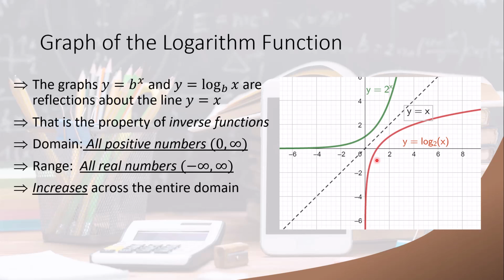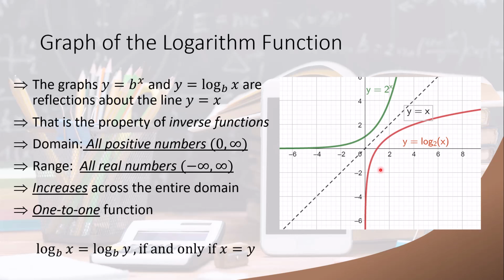And also notice that the exponential function and the log both increase over the entire domain. And also, it is a one-to-one function, which basically means that if the statement log base b of x is equal to log base b of y is true, then x must be equal to y. And if x must be equal to y, then this statement is also true.